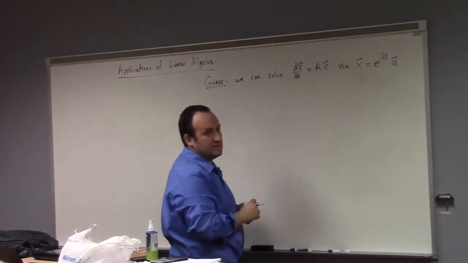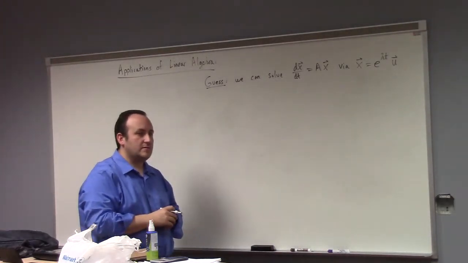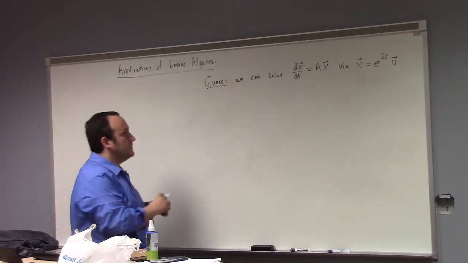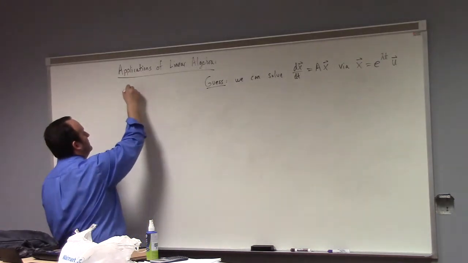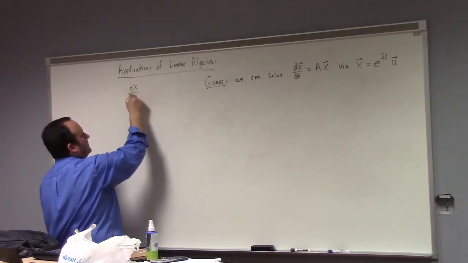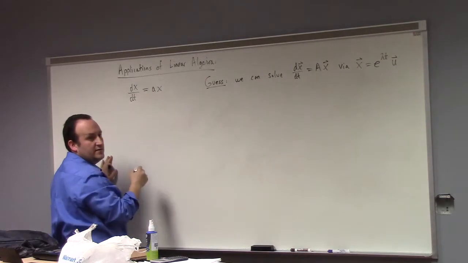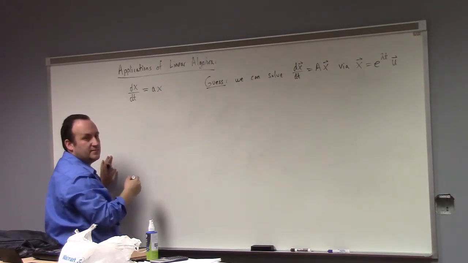That's a guess. That's a pretty reasonable guess, because if you think about calculus 2, remember how we solved it there? We had dx/dt equal to a constant times x. What's the solution to that?